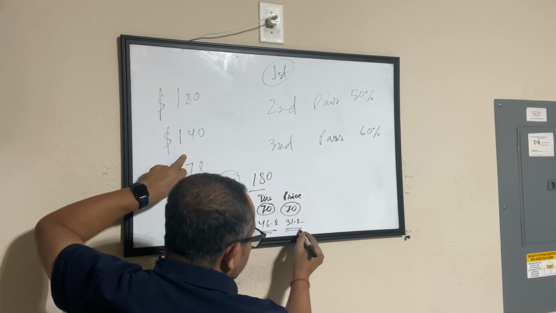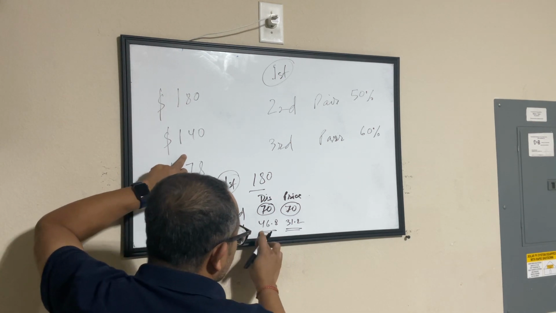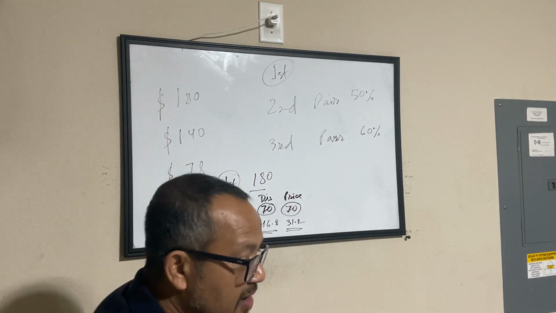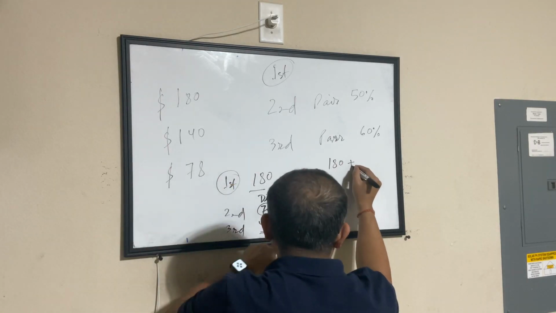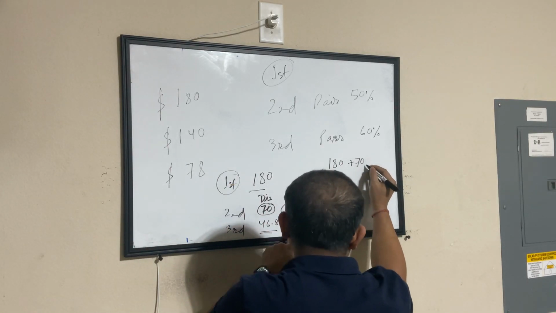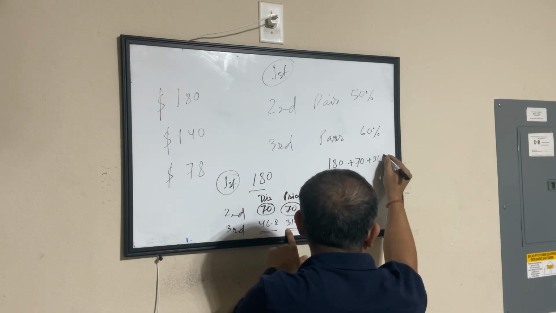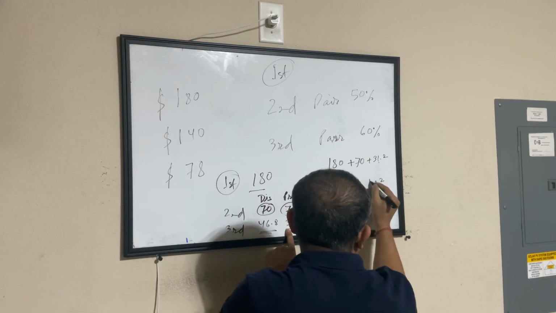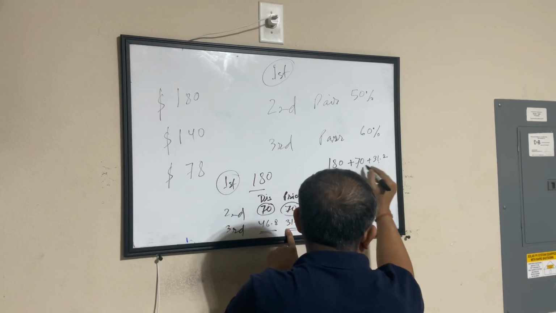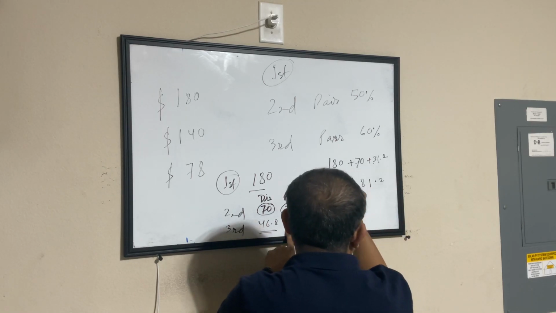And hence the price of that will be 78 minus 46.8, which is 31.2. How much do you have to pay? 180 for the first one, 70 for the second one, 31.2 for the third one. 2, 1 is 1, 8 plus 7, 15 plus 3, 18, 1 carry forward, 1 plus 1, 2.